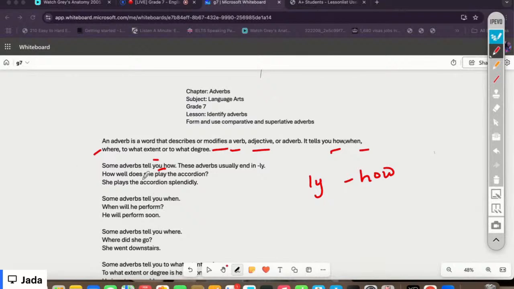How well does she play the accordion? She plays the accordion splendidly. So you can see that the adverb ends with ly. So the ones that end with ly ask us how or tell us how.